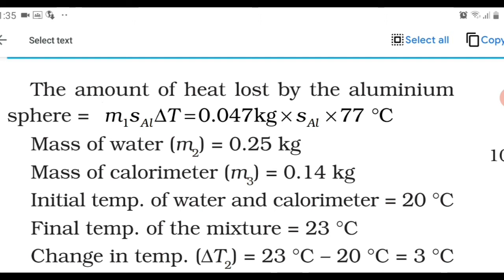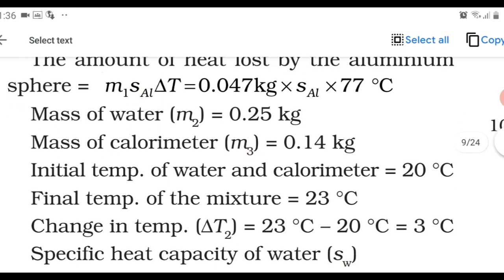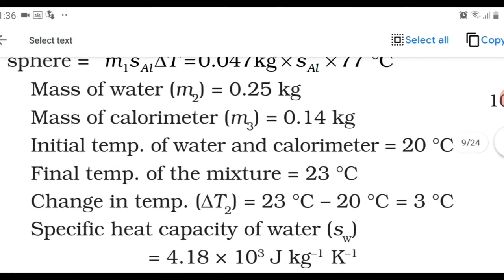Now we consider water because heat lost by the aluminium sphere is gained by water and calorimeter. So we take the case of water. For water, its mass is 0.25 kilogram and its initial temperature is 20 degrees Celsius, and final temperature becomes 23. Similarly, for the calorimeter, its mass is 0.14 kilogram and its initial temperature is 20 degrees Celsius, and finally it comes to a temperature of 23 degrees Celsius.